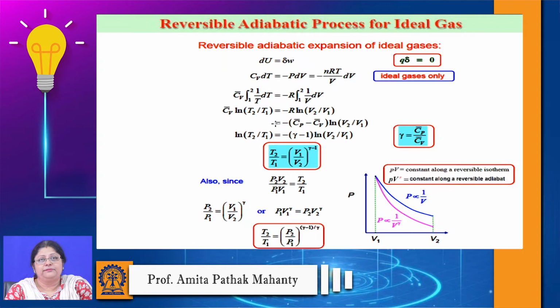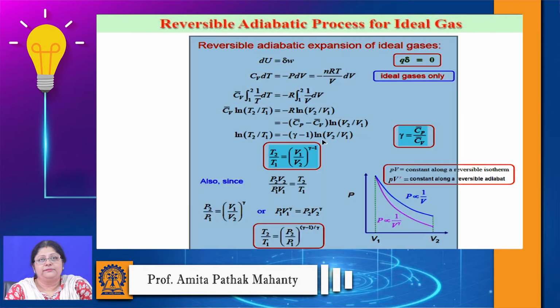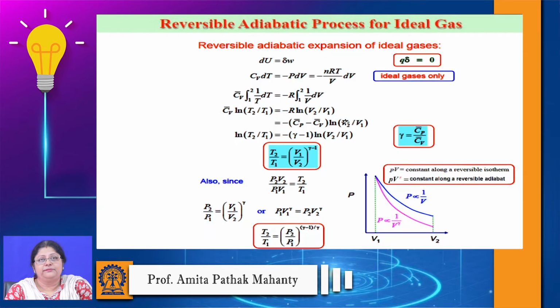Now you do this simplification. R is nothing but Cp minus Cv. So you put it in, R is equal to Cp minus Cv. Now you bring the Cv to this side, and you divide it throughout by the Cv value.